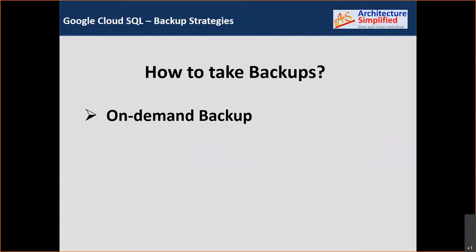But there are various scenarios where you will be going ahead with this on-demand backup. We will talk about those scenarios just in some time. Another way to get the backup is in the automated way. In a project, in an organization, we always go for the automated way of getting things done. So you can take the backup of your Cloud SQL instance by configuring the automated backup.